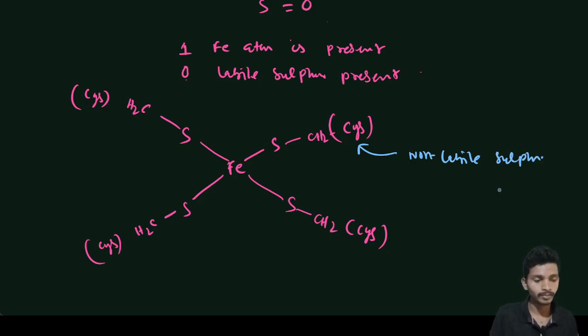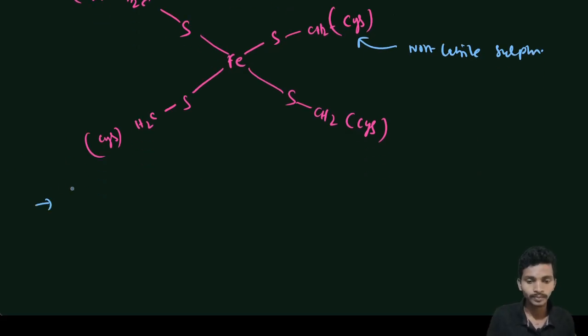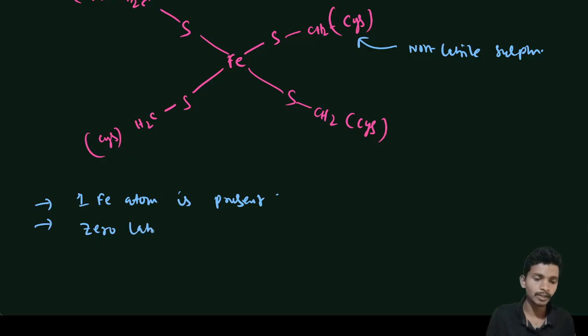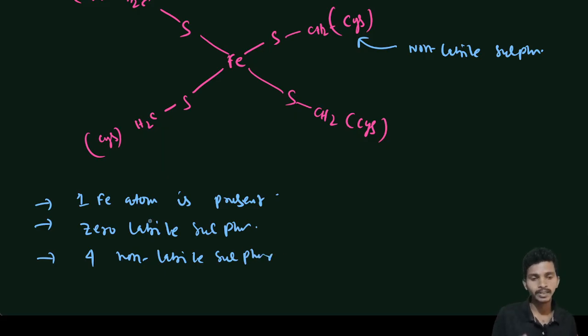So what we found here for rubredoxins is that one Fe atom is present, 0 labile sulfurs, and 4 non-labile sulfurs. Wherever Fe is present, it must be in a tetrahedral structure with 4 sulfur atoms.